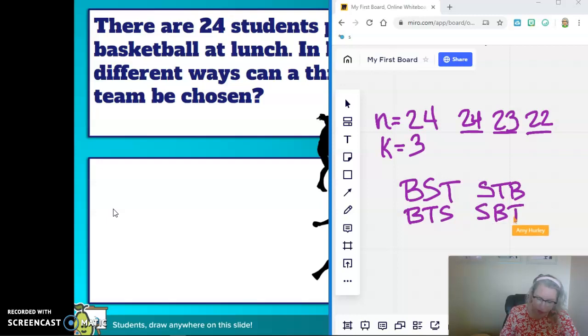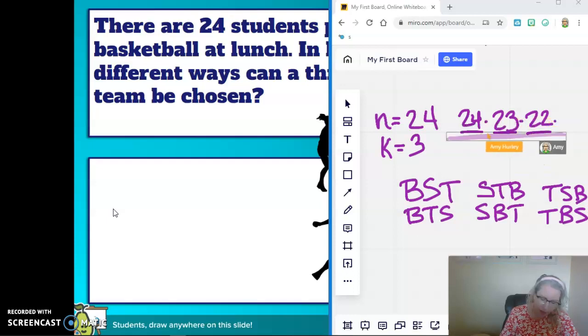There are actually 6 different permutations of those 3 people, which means we're going to have to multiply 24 times 23 times 22, and then we're going to have to divide by 6 to get rid of all of those duplicates.